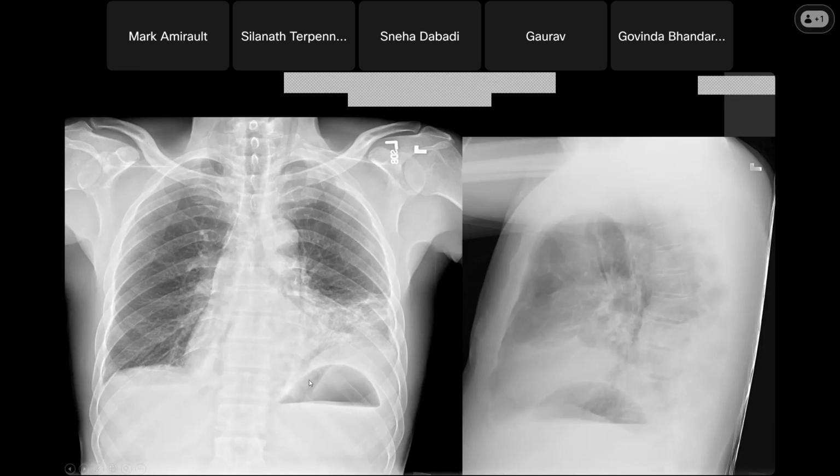This is our gastric bubble, so gas just layering in the stomach. That's normal here, but I look for the diaphragm. I don't see the diaphragm here that well. That means typically there's something of a similar density on top of that, which on chest radiograph is usually a pleural effusion of some kind.